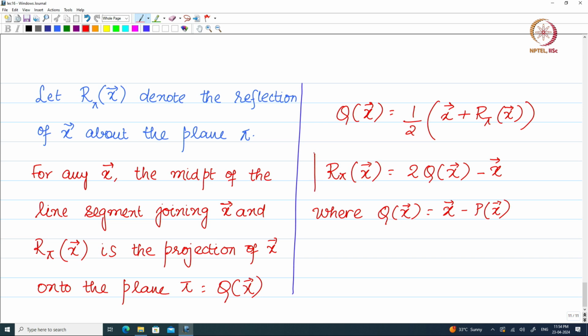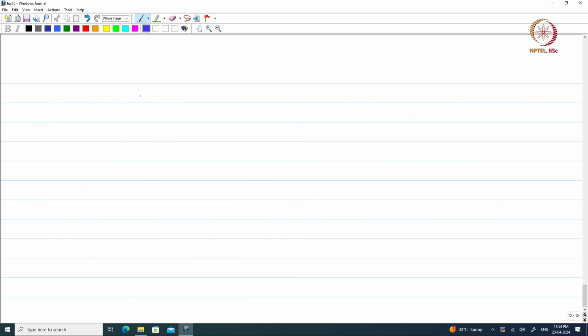So, this is basically the reflection of a point about a plane passing through the origin and orthogonal to a vector u. So, let us write that very clearly. So, let us do this.